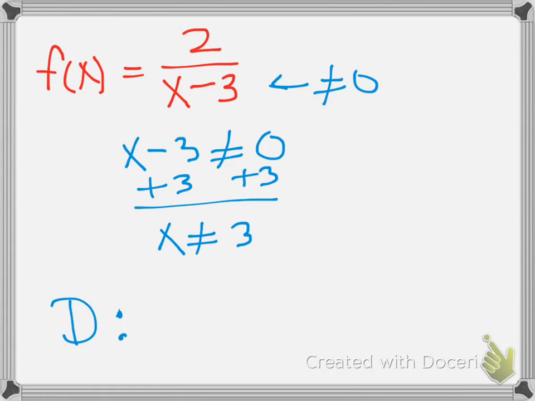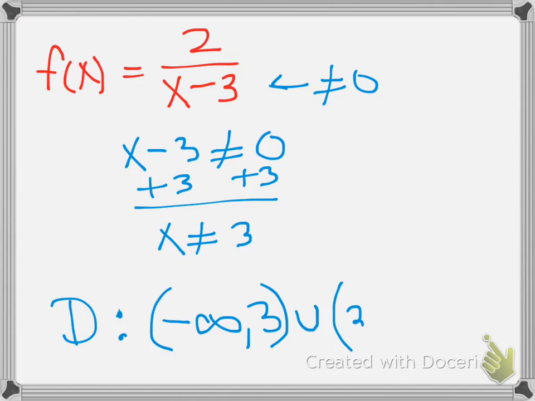Since x cannot equal 3, I would do a parentheses, negative infinity to 3, close the parentheses, but it's a parentheses because we can't include 3, do a U for the union, another open parentheses, and then we go 3 to infinity. So there is our domain for the rational function.